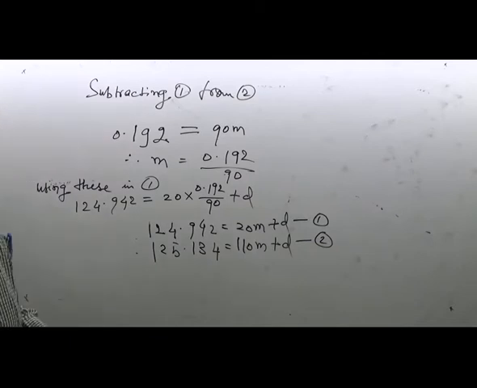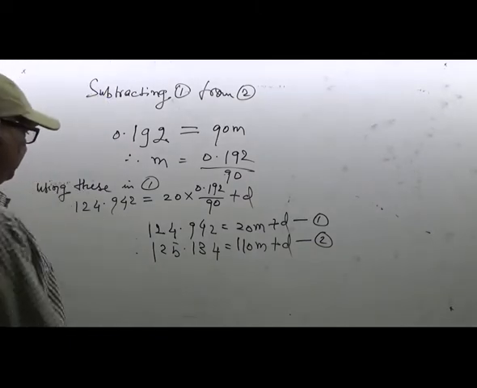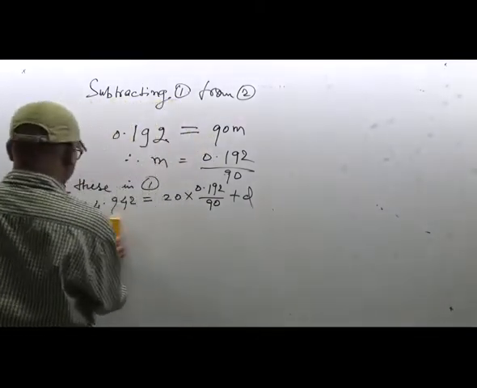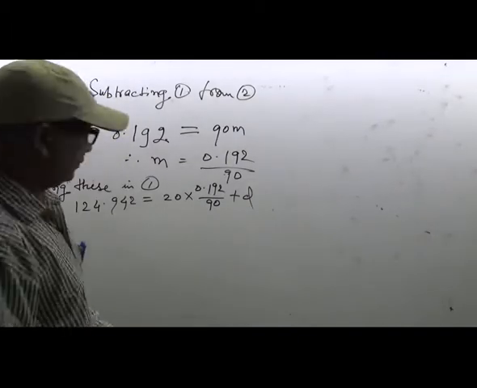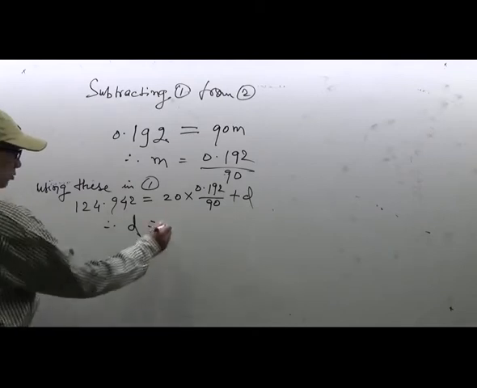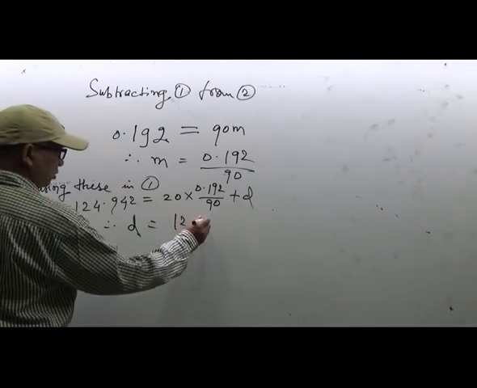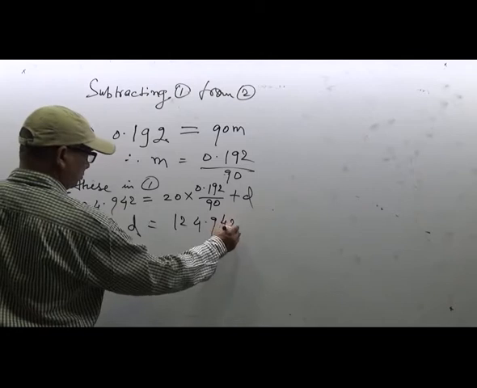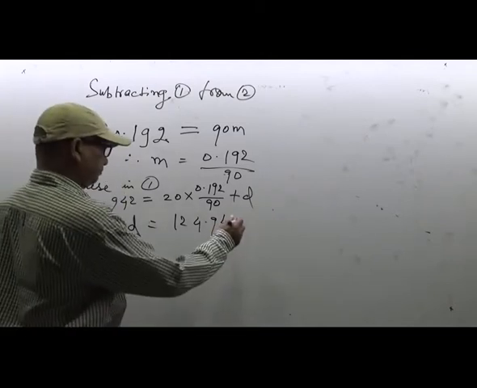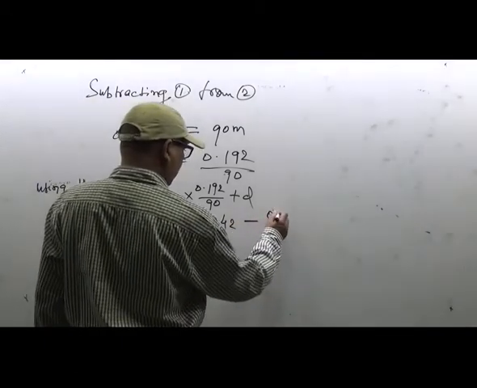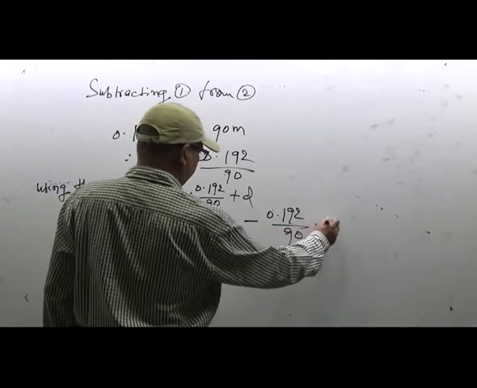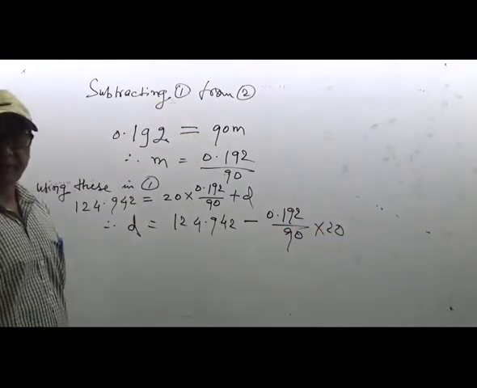Therefore d is equal to 124.942 minus 0.192 by 90 times 20. We will not solve this, we will leave it like this.